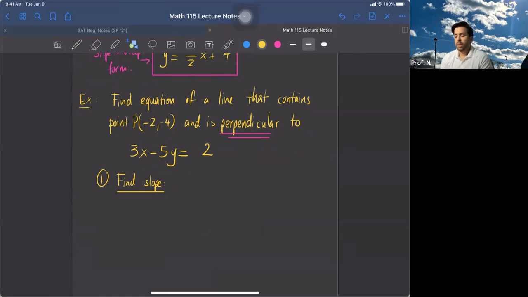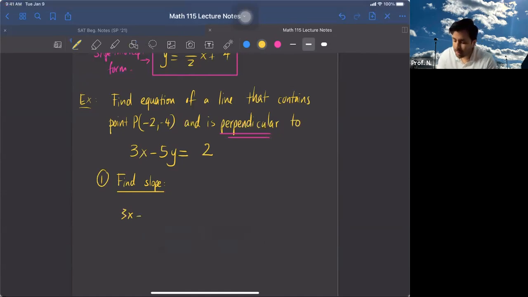It's very similar to what we did with the previous scenario with parallel lines. We have to isolate y again, right? Get y by itself.